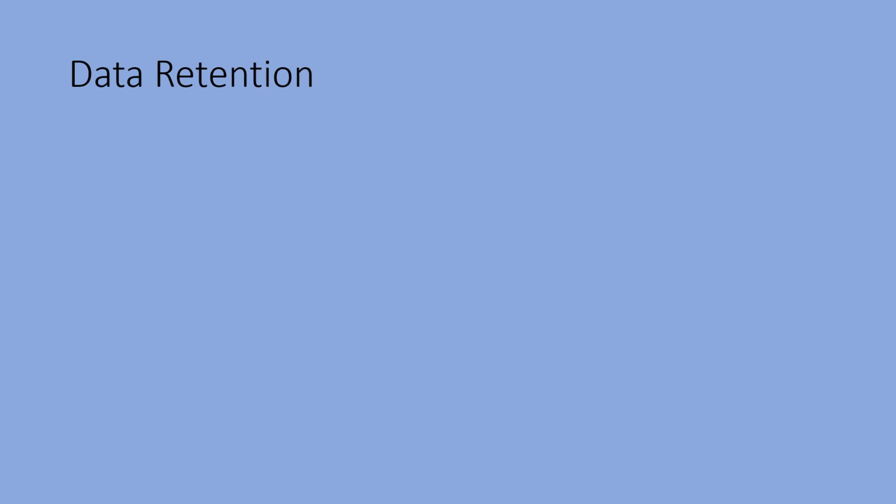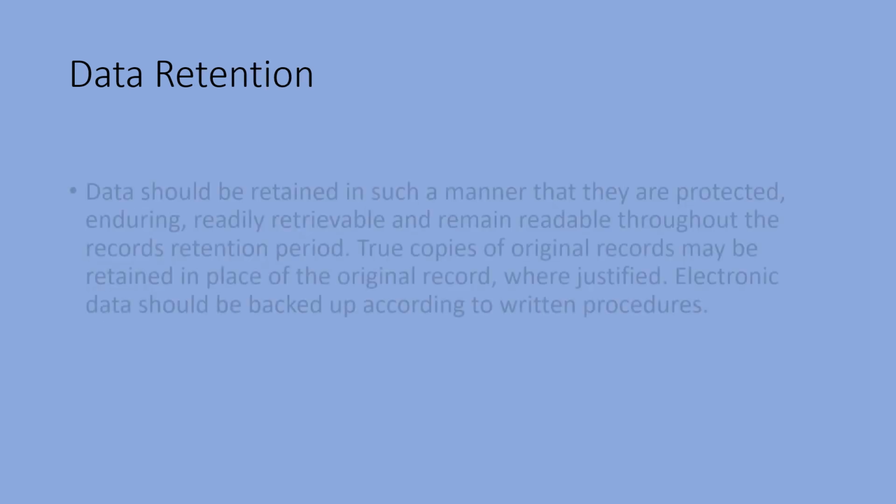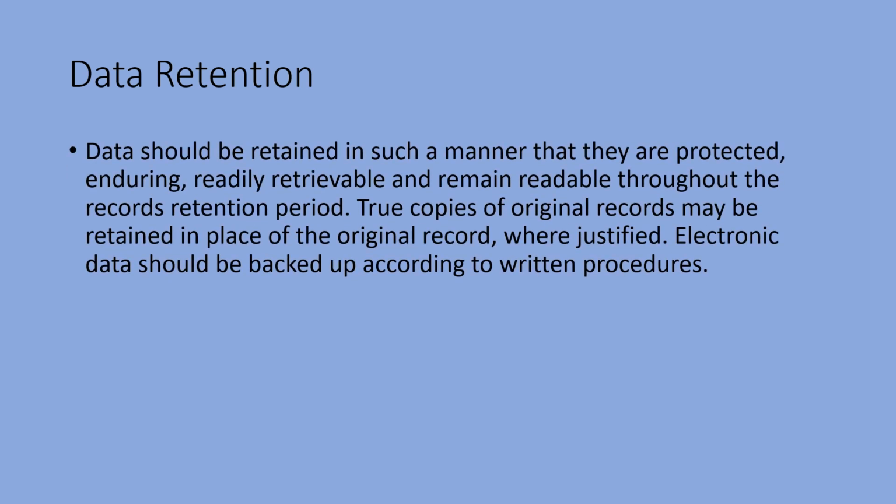Let us see how the data is retained. Data should be retained in such a manner that they are protected, enduring, readily retrievable, and remain readable throughout the record's retention period. True copies of the original records may be retained in place of the original record where justified.